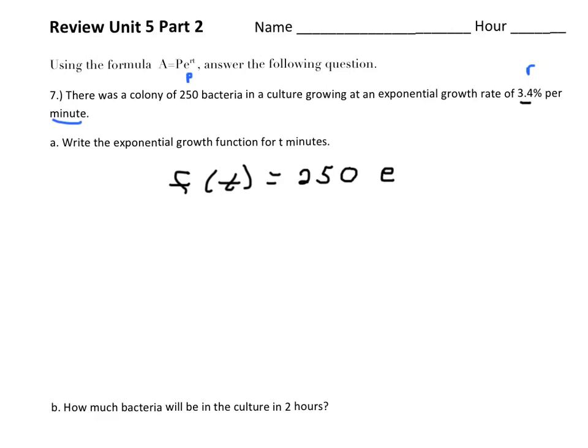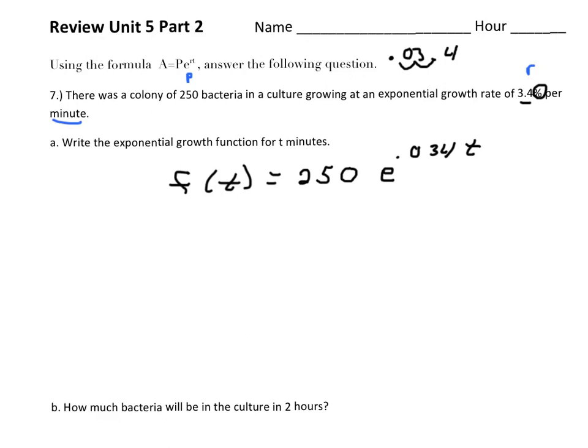It's a percent, you see that percent there, so you need to change it to a decimal by moving it over 2 places. So it's going to be 0.034 times t. Okay, so that was your exponential growth function.